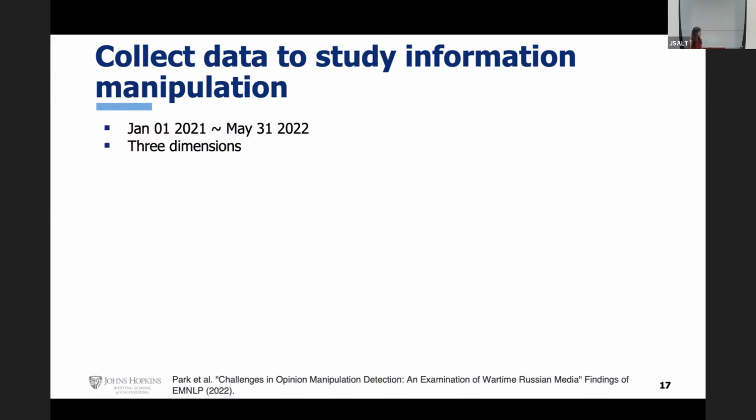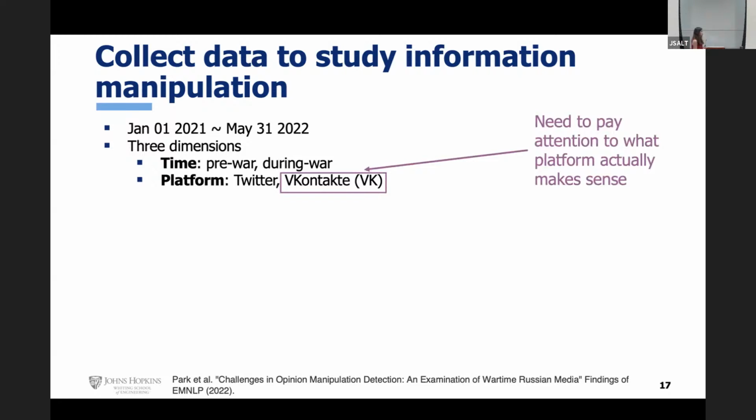If we want to study information manipulation strategies around an event like this, we again start by collecting data. Here, we may want to collect data from before the war started and during the war. We also want to think carefully about which platforms are relevant to study. We collected data from Twitter, but also from VK, which is basically the Russian version of Facebook, and a much more popular social media platform in Russia than Twitter.